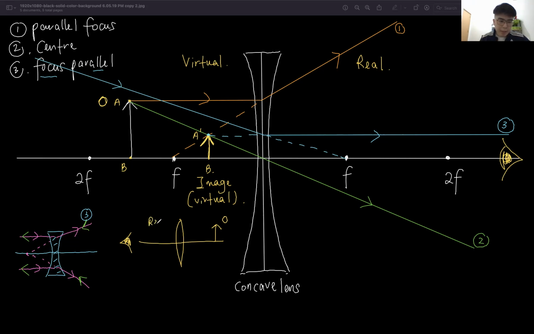Real becomes the left side. This is real because it's on the same side as the eye, and virtual is on the right-hand side over here. So use the eye as your reference. You either use the eye or you use the side opposite to the object.